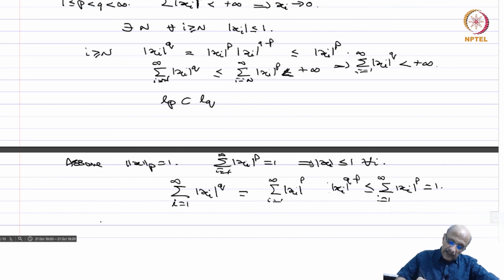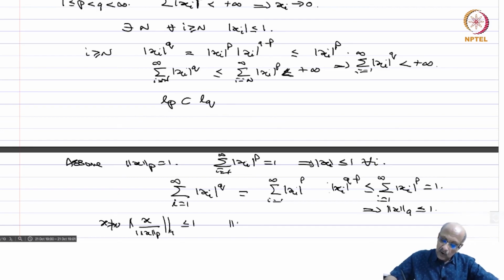So now given any x, which is not 0 obviously, take x by norm xp. Its norm is 1, and therefore by what we got, norm q of this is less than or equal to 1, that is norm xq is less than or equal to norm xp.